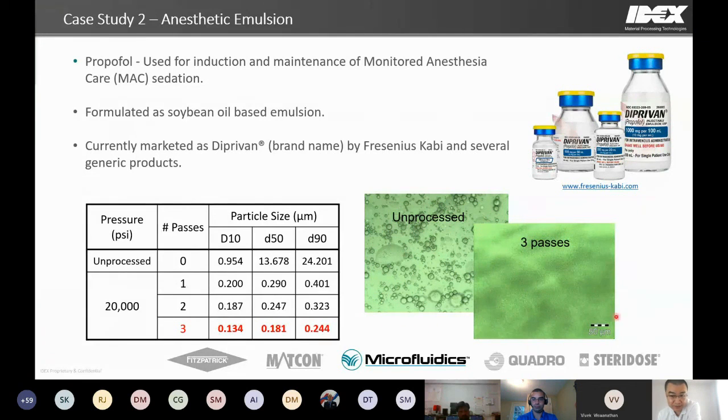You can see from the image here, after processing 3 times through the system at 20,000 psi, the droplets become very small and uniform compared to the unprocessed emulsion, which, tying back to the previous question, kind of gives you an idea about the size at the beginning.